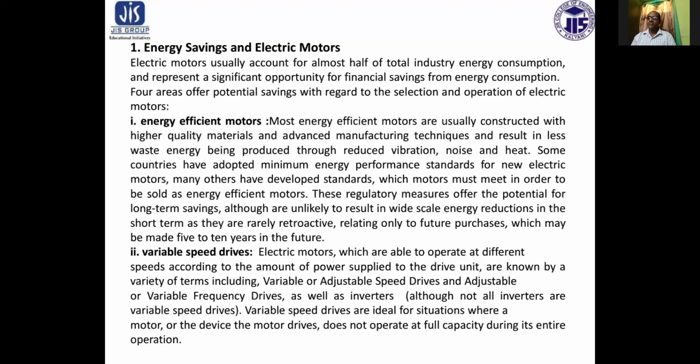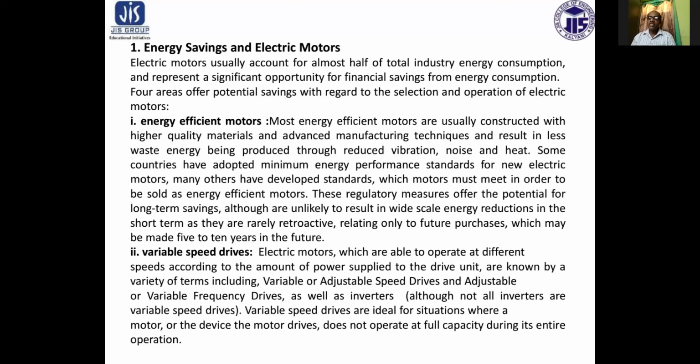Energy efficient motors: by definition, one motor will be more efficient than other motors if it uses less energy to produce the same rated output.